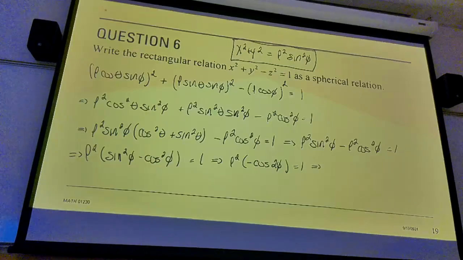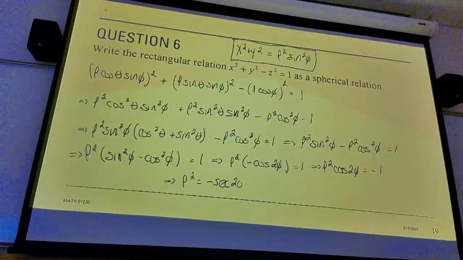Means that rho squared cosine 2 phi is -1, or rho is the square root of negative secant 2 phi.